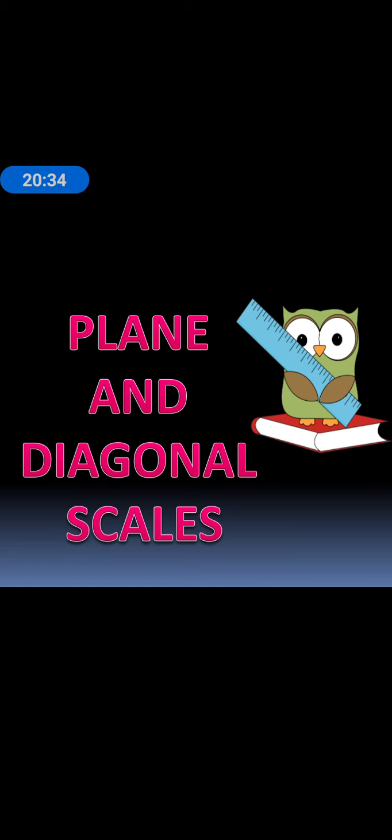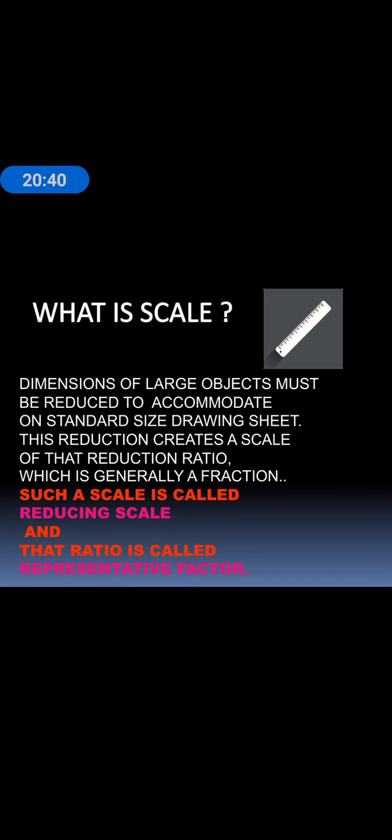Then a little introduction to the plain scale and diagonal scale. The scale of a larger object must be reduced to accommodate it on a standard size drawing sheet. This reduction creates a scale with a reduction ratio, which is generally a fraction, or you can say RF value or LOS.